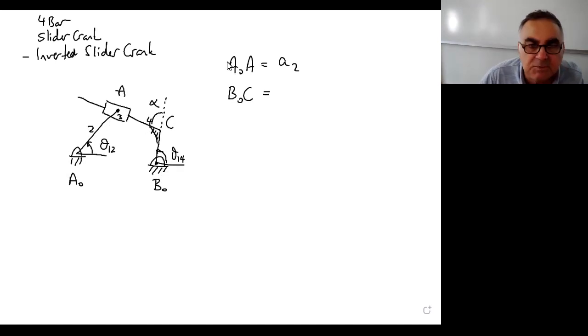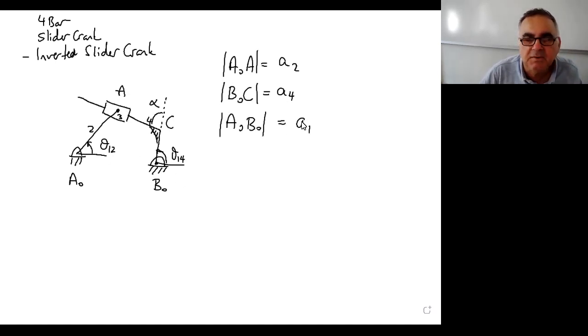These are the lengths of these, by the way. B0C, let's call it A4, this length. Now, this length CA is a variable. By the way, A0B0 is a fixed length also. A0B0 is this thing. Let's call it A1. These are all fixed.